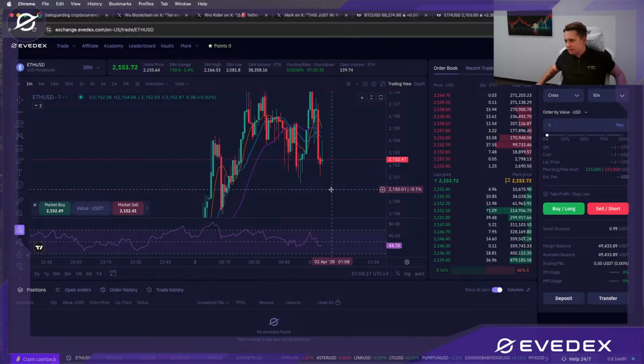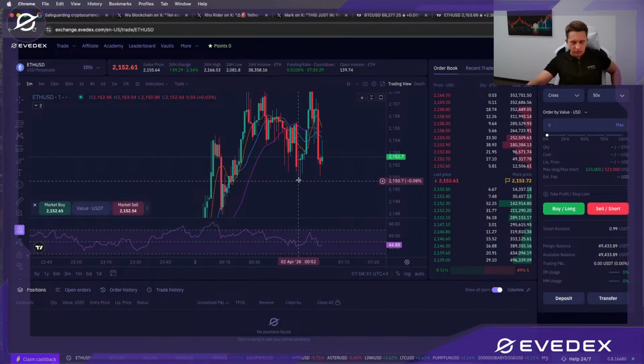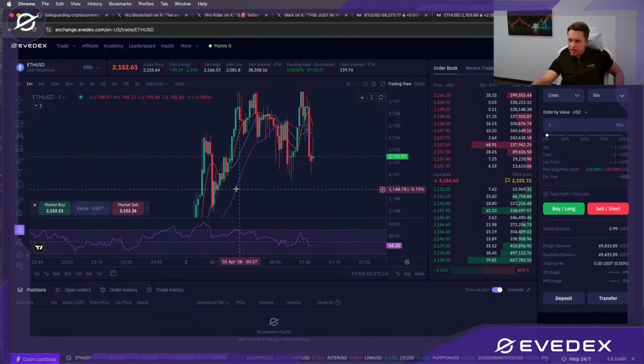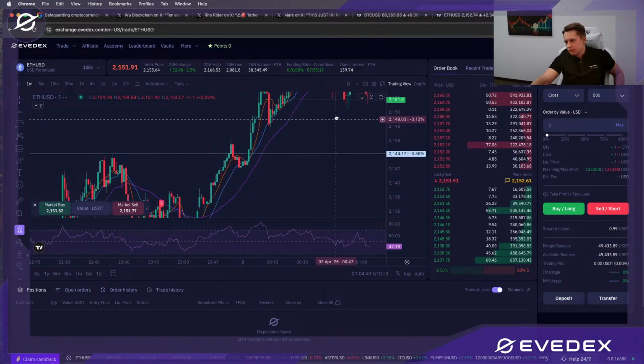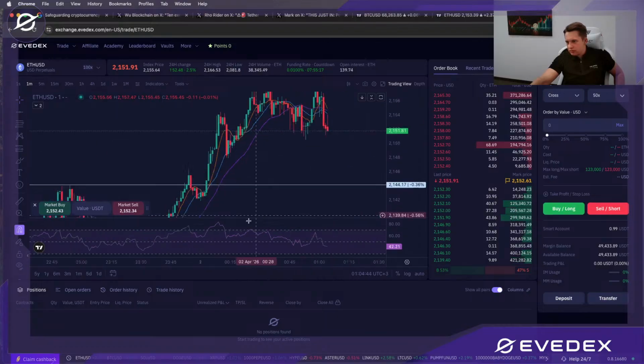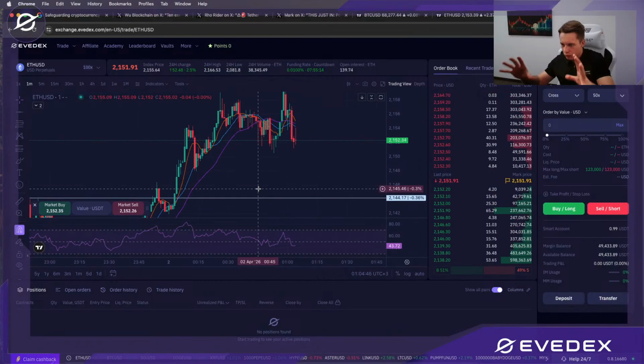Market wise, it's very choppy by the looks of it. Even looking at the indicators, you can see crossovers. It's jiggity jaggedy. There's no outlook on where the price is headed.